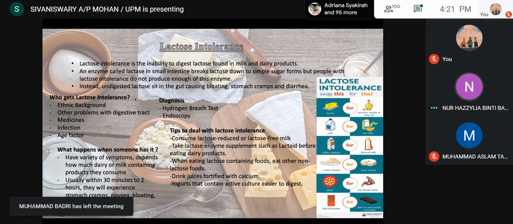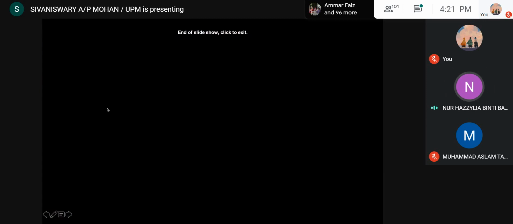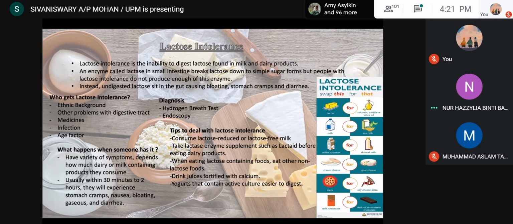Who will get this lactose intolerance? It depends on ethnic background. People of Asian, African, and Native American descent are more likely to develop this at a young age. Other problems with the digestive tract: people who have inflammation at their upper small intestine will have reduced levels of lactase enzyme. For medicine, certain antibiotics can trigger temporary lactose intolerance.